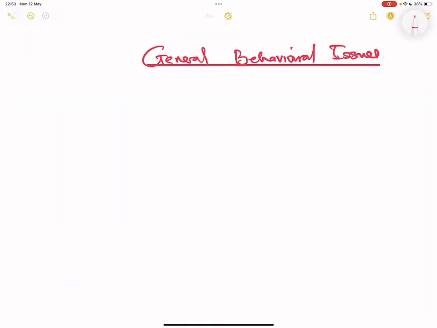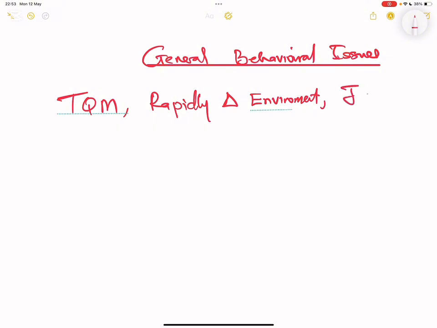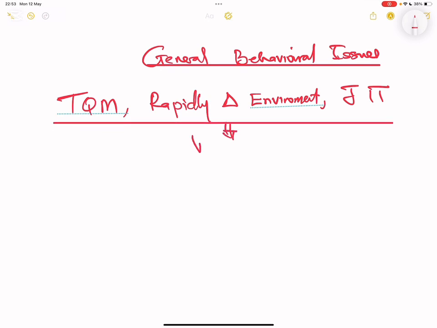Yes, variance analysis is fantastic, but there are a couple of environments where it is usually not the best. If you talk about a total quality management environment, maybe also a rapidly changing environment, or even JIT, in all of these environments, variance analysis might not be your best option.